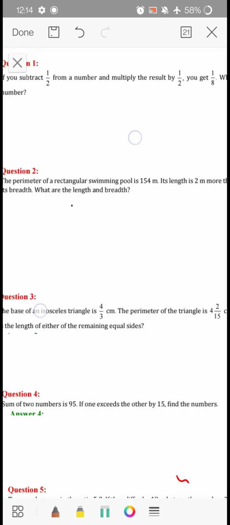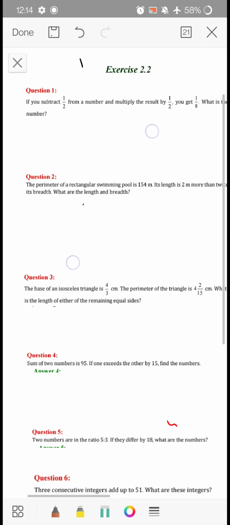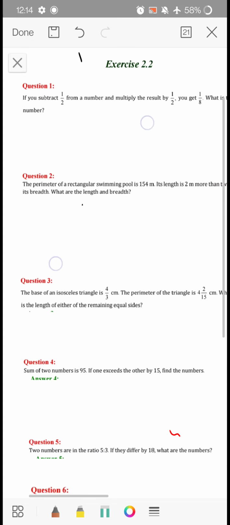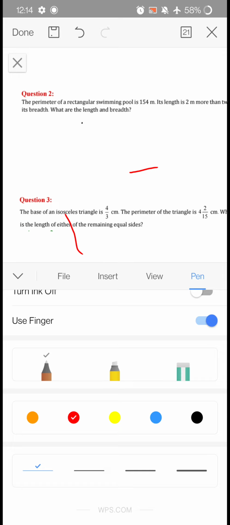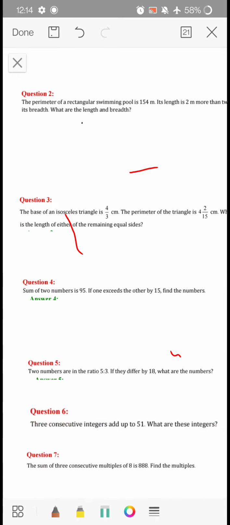In the similar way, we will try to solve this question also. We will read it and understand it properly, and we will try to form the equation. So here the question is the perimeter of a rectangular swimming pool.